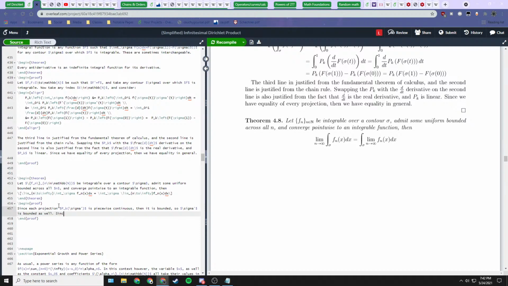It follows that the product f sub n of sigma of t times sigma prime of t is bounded across all n.